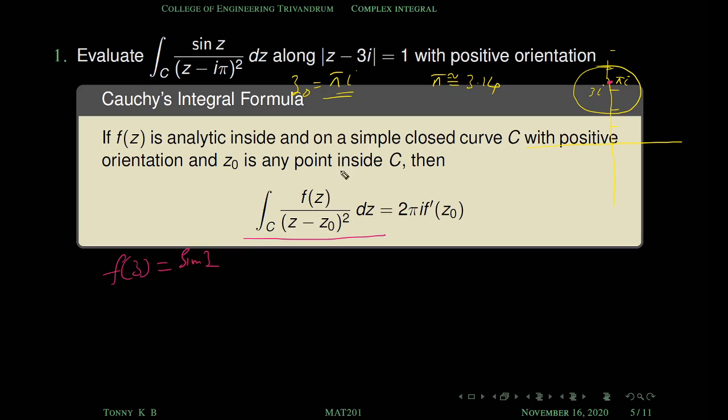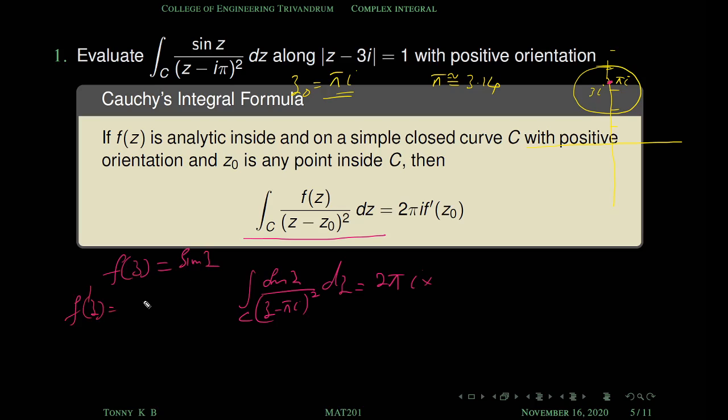So what about this integral? z naught is already pi I, so it's a direct question. Integral over C of sin z by (z minus pi I) all square dz equals, using this formula, 2 pi I into f dash of z naught. Our f of z is sin z, so what is f dash?